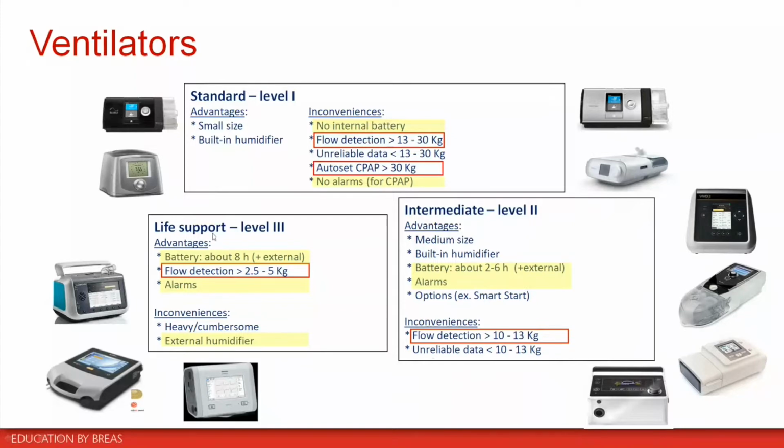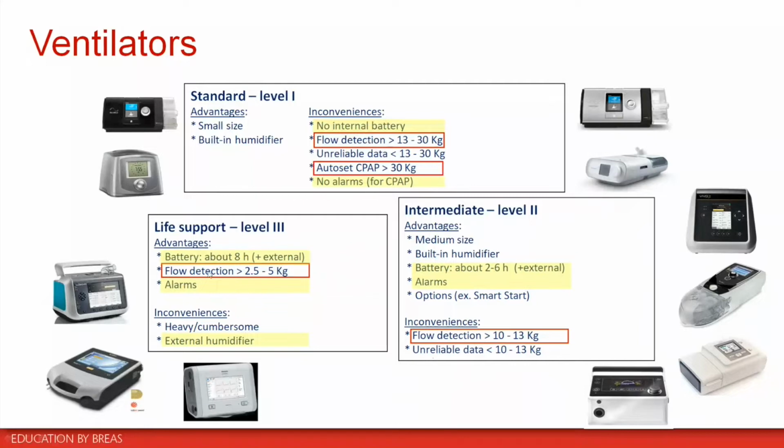The third category is what we call life support ventilators, also level 3 ventilators in France. These are some examples. They have the advantage of a battery of about 8 hours of duration. This is very important, obviously, as you know, because they are life support machines. You can also have an external battery.